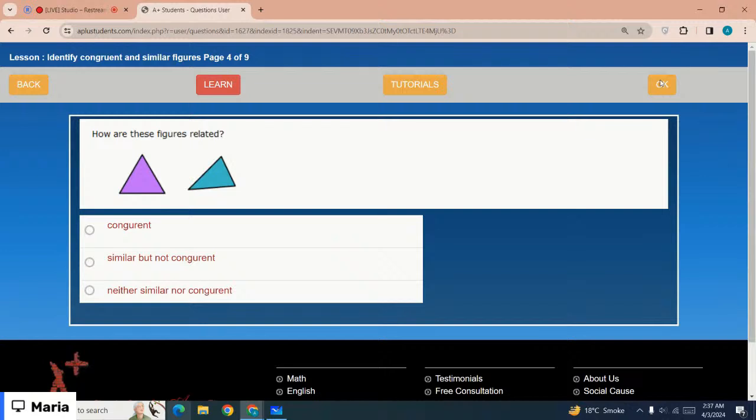Because they look different and also they are not the same. So they are neither similar nor congruent. The correct option is the last one.